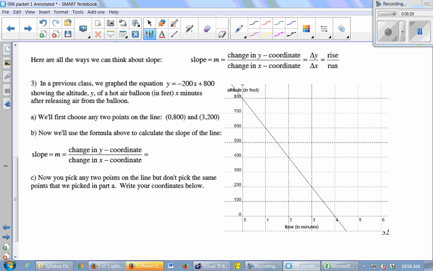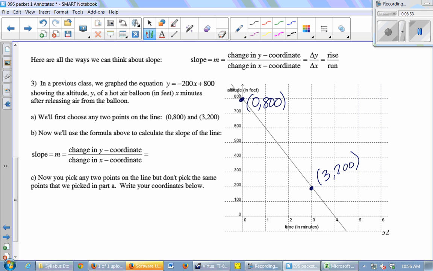So first, I'm going to pick any 2 points on the line. I've picked 2 for you, but you can pick any 2 you want. I picked this one, which is the point 0, 800. And then I picked another point where it crosses at a nice grid point so I could tell what the coordinates were. That point is 3, 200.